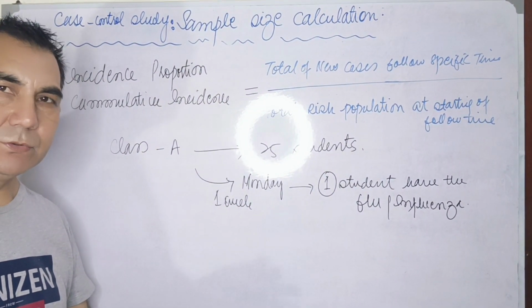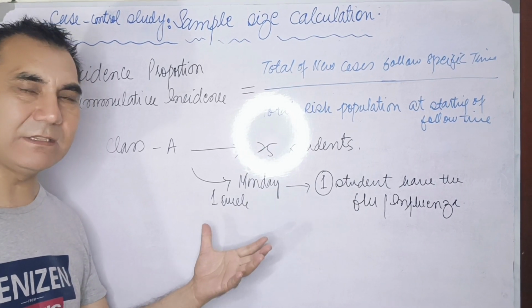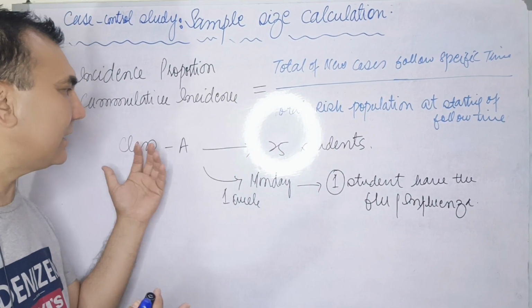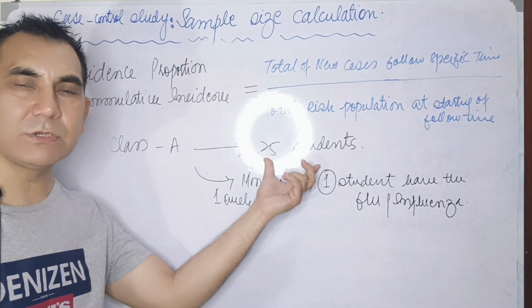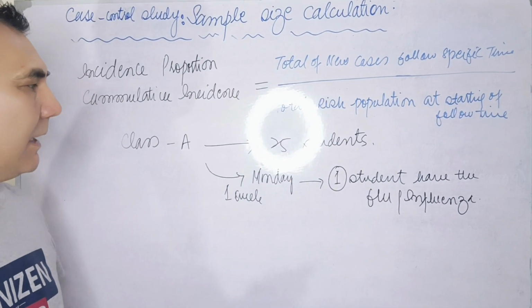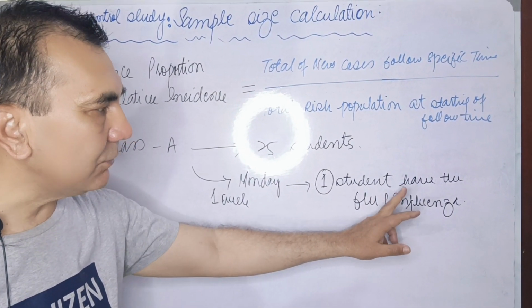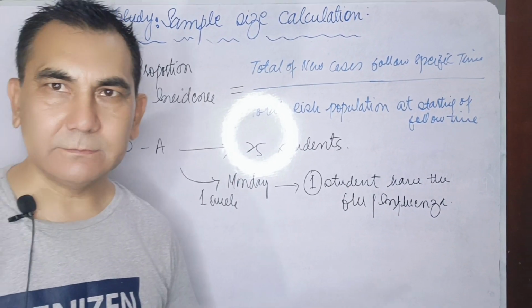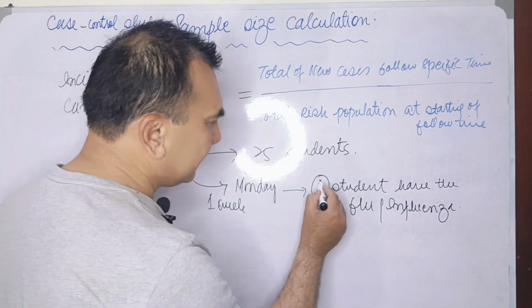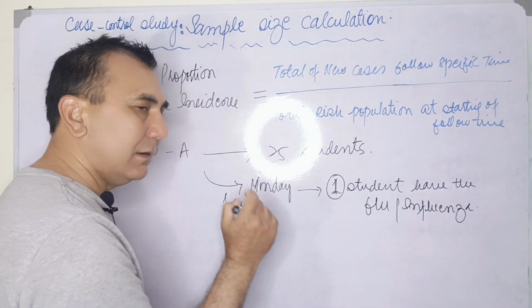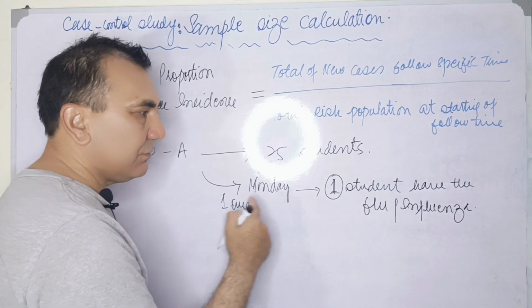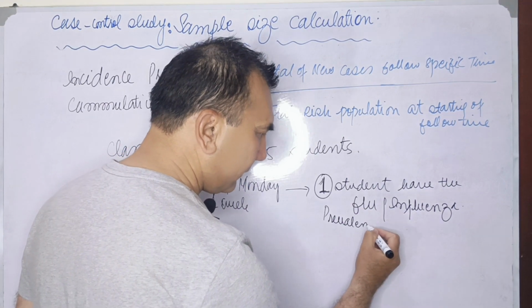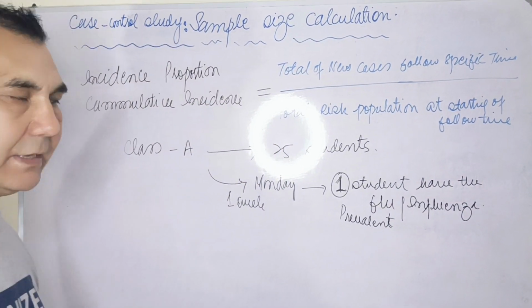When you want to see the incidence of influenza in a specific class A, in which the total number of students is 25, on the Monday one student entered the class with influenza. So this one student who came on the first day of the first week with influenza is a prevalent case.